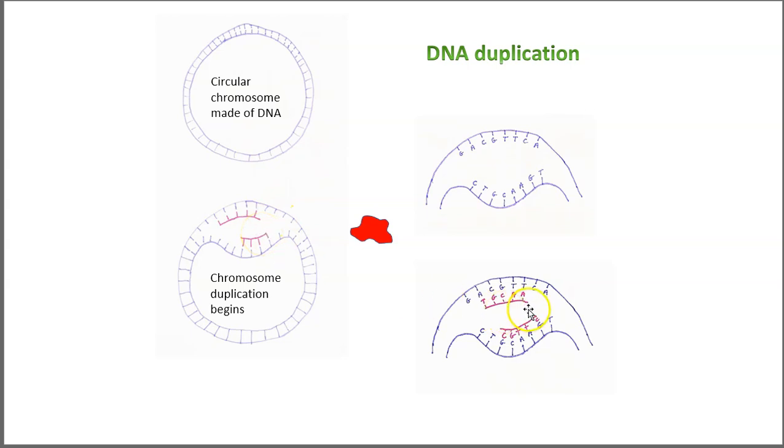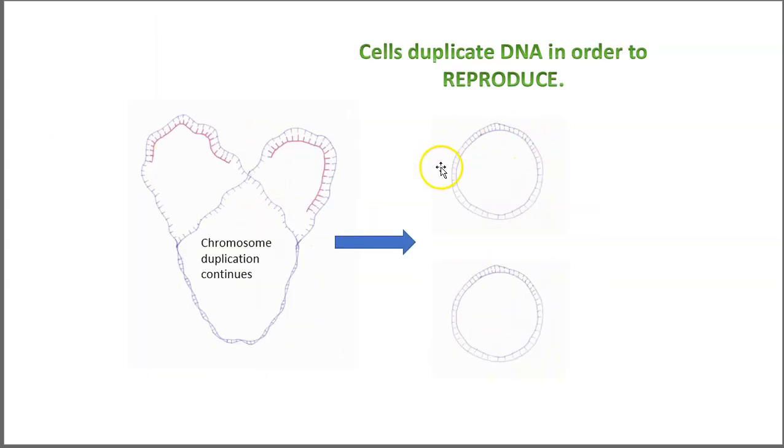And so here we see the complementary letters finding their matching partners on the 2 DNA strands. When that process is complete, then we have 2 identical circular chromosomes, although there may be new mutations here, but one individual will get this chromosome, and then the other daughter cell will get this chromosome, and the parent will have divided into 2 individuals.